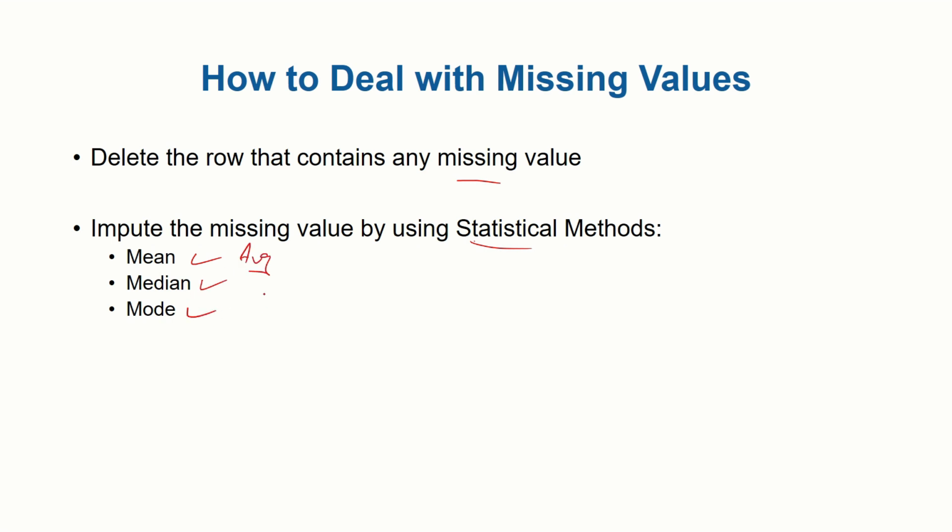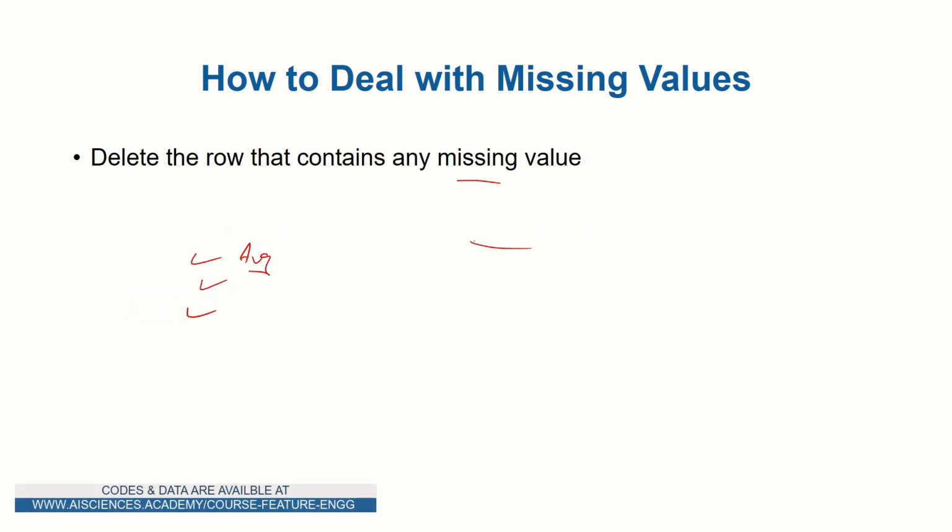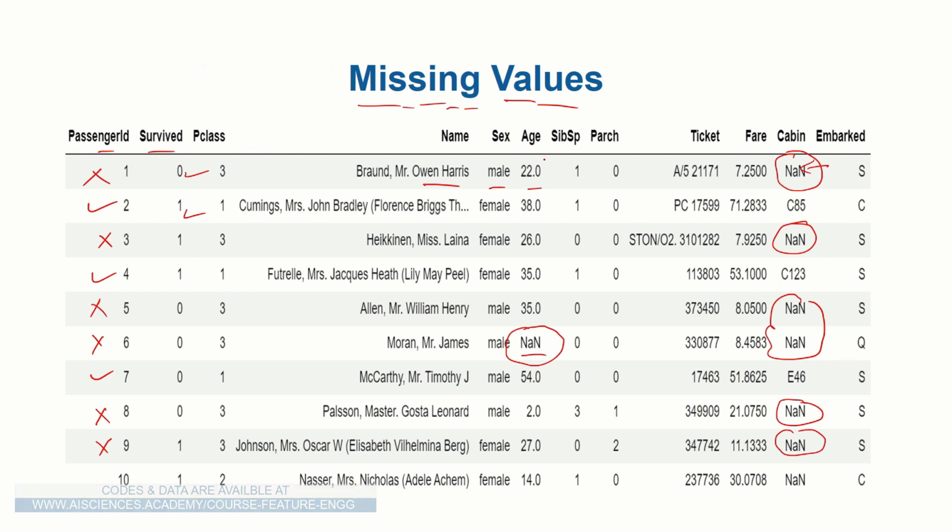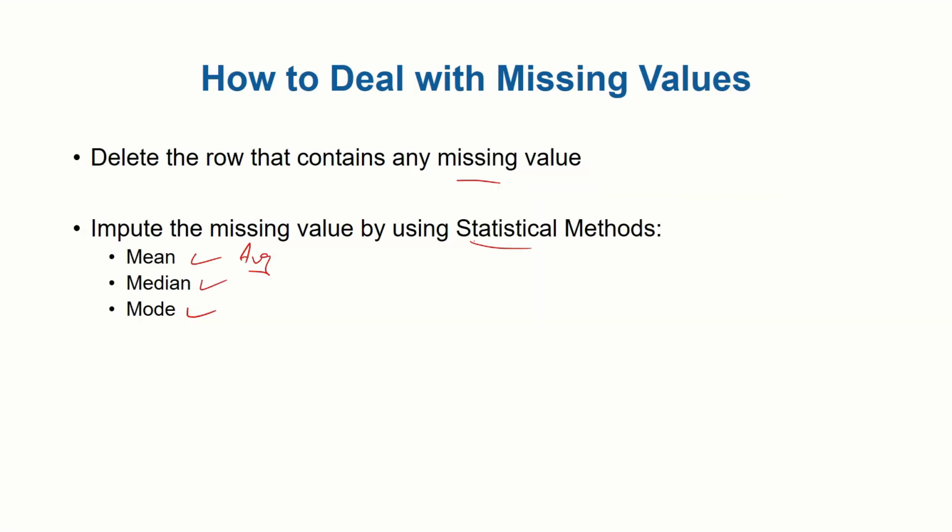Mode is the most repeated value in the column, and median is the mid value. If we arrange all the values in ascending order, then the value that comes in the middle will be our median value. These are some of the methods that usually work in the data science community, and in an upcoming video I'll be telling you how to implement these techniques in Python.